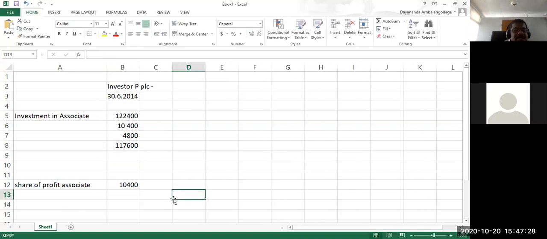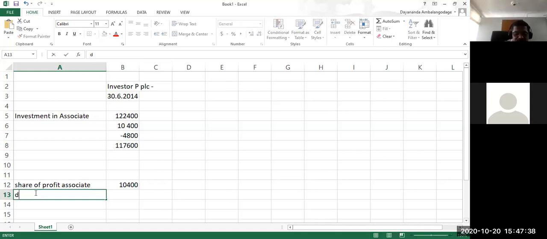That is the share of profit. And also you see we are debiting the dividend revenue item. So dividend revenue is a credit item, so you can put 4,800 as a minus figure.